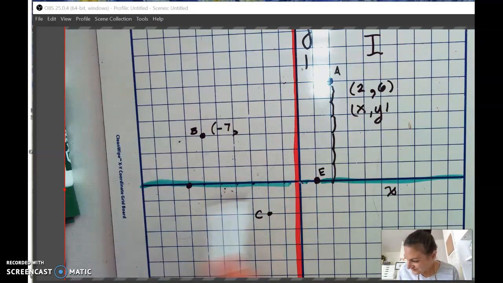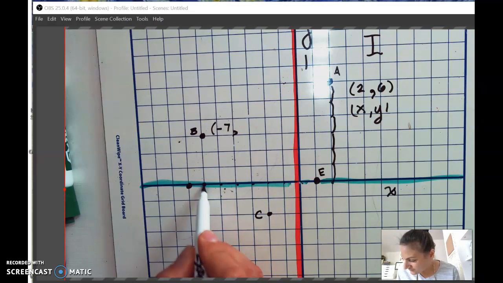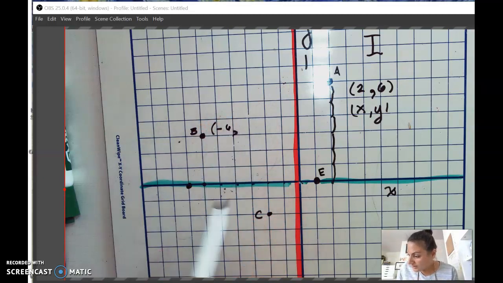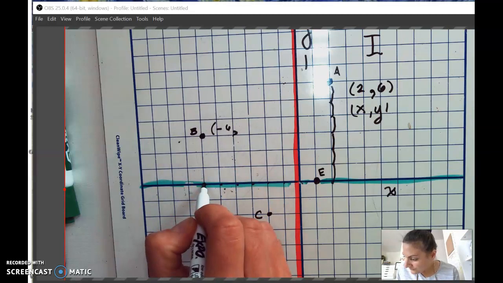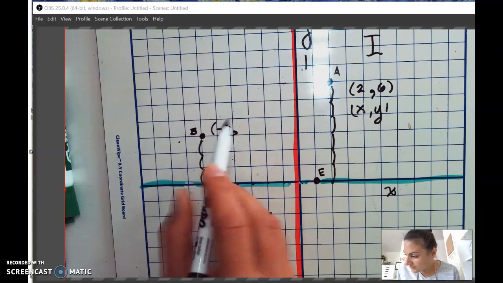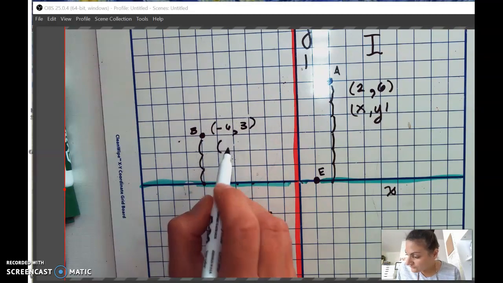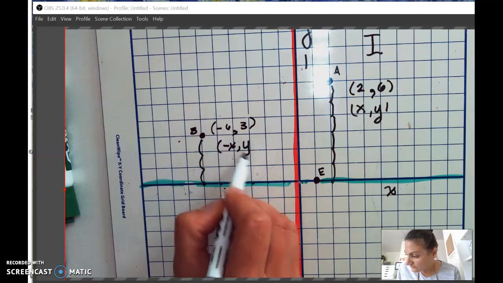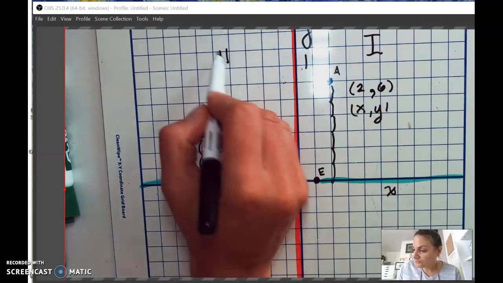Let's fix that. 1, 2, 3, 4, 5, 6. Whoops. So sorry, that's a 6. Okay? And I have to go 1, 2, 3 up. And because I'm still going up, that is a positive 3. So if you look, my x value is negative. My y value is still positive. Okay? This is quadrant Roman numeral 2.